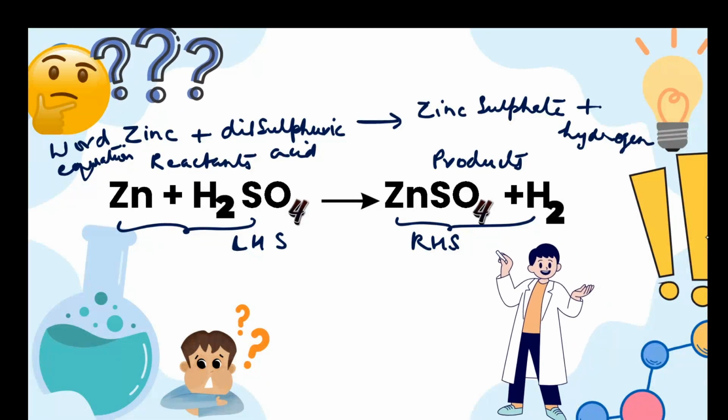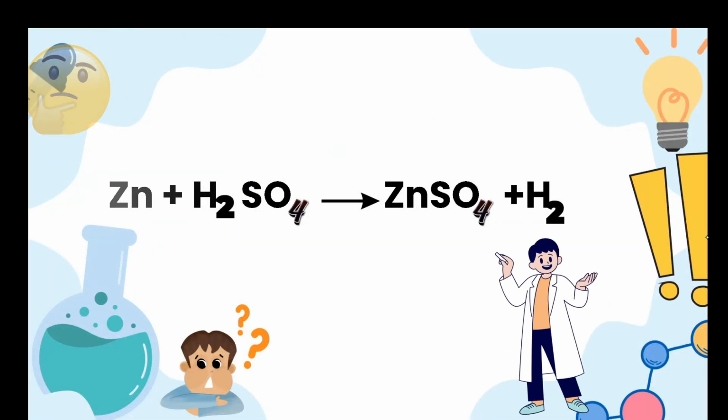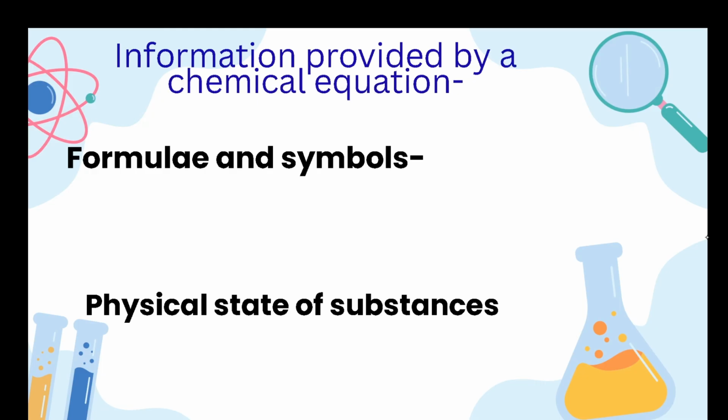Okay, now let's see what are some of the information that is being conveyed or provided by a chemical equation. Whenever we see a chemical equation, we get to know the formula and symbol of a given chemical reaction in terms of the reactants and products. Then it also tells us the physical state of the substance.